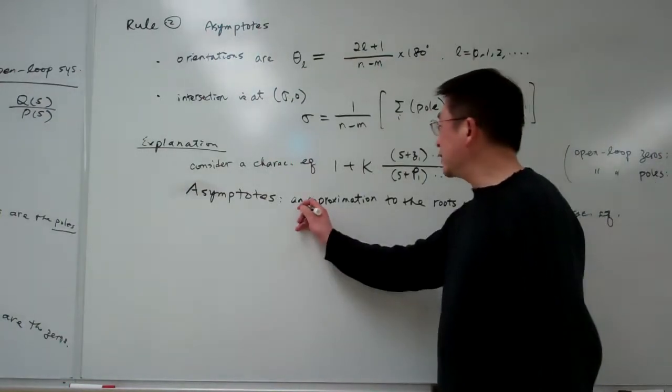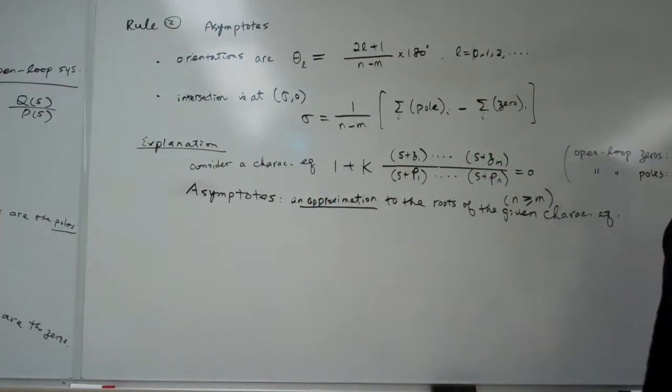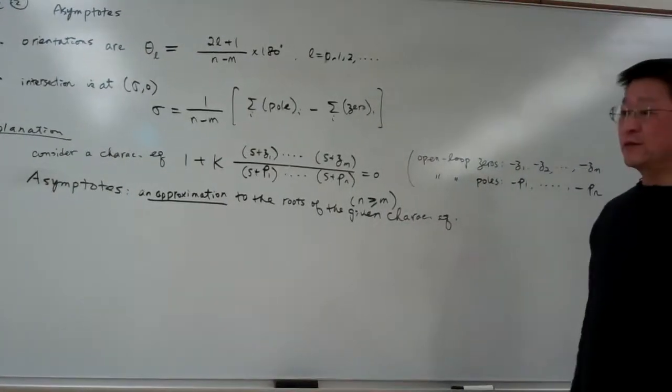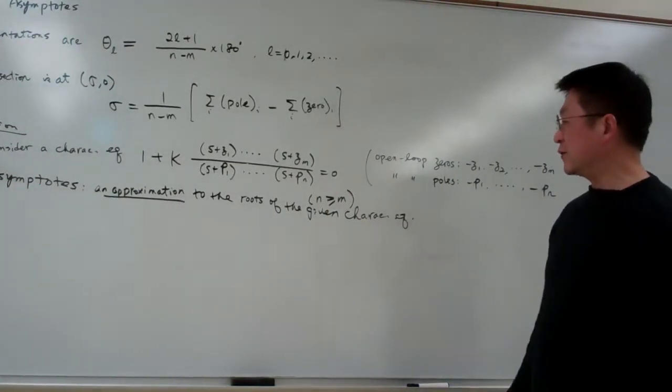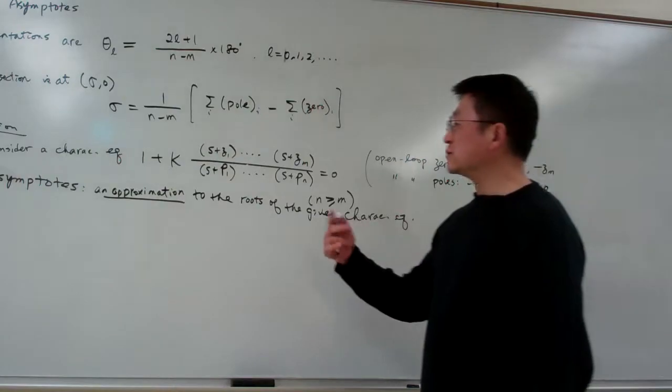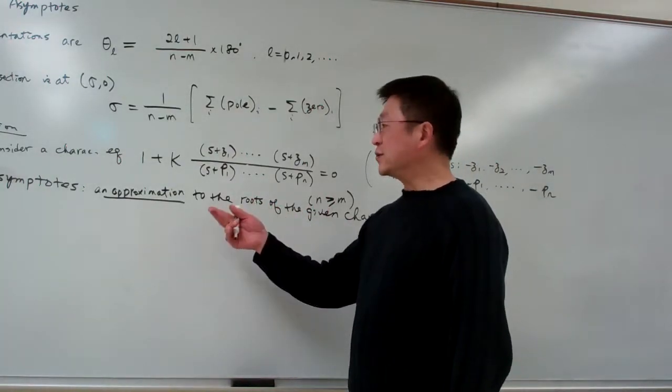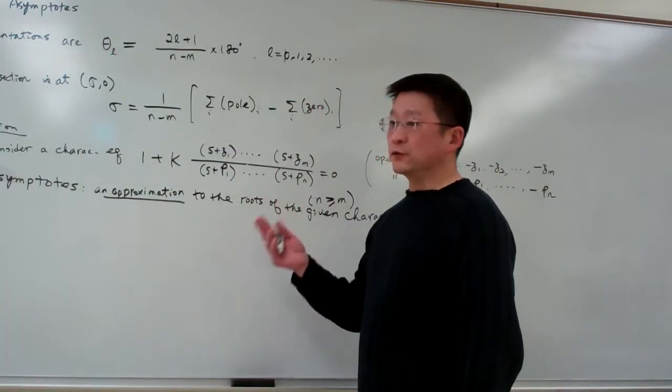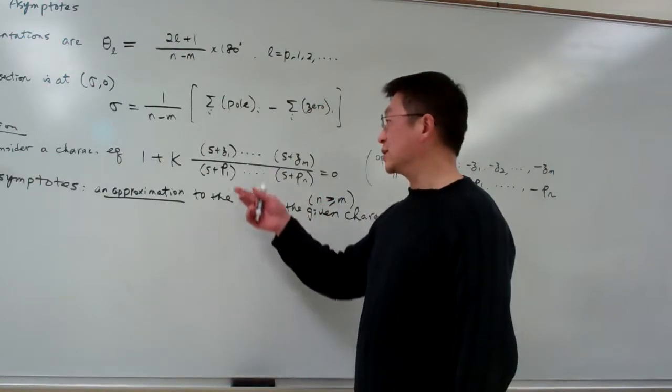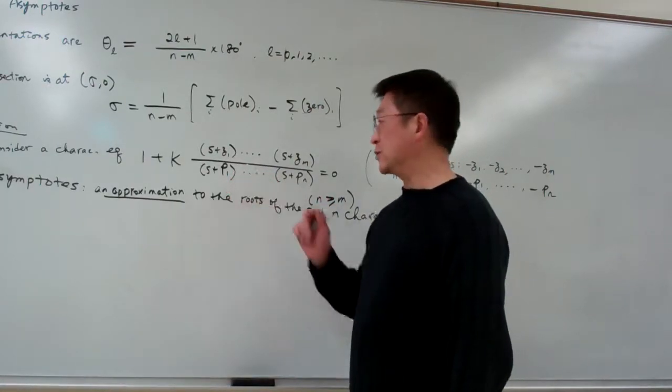Okay, so asymptotes are approximations of the roots of the given characteristic equation, which means the asymptote is a root. The asymptotes basically are the collection of the roots of certain approximated characteristic equations.